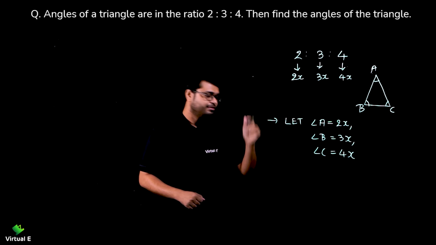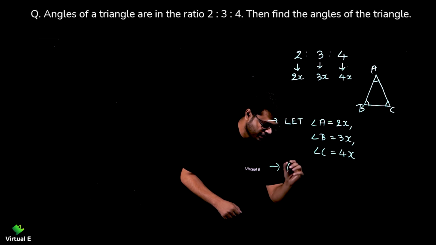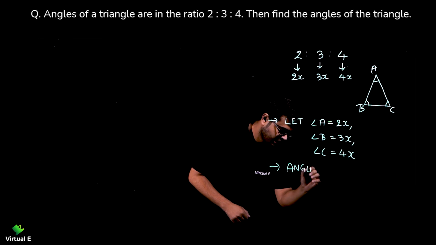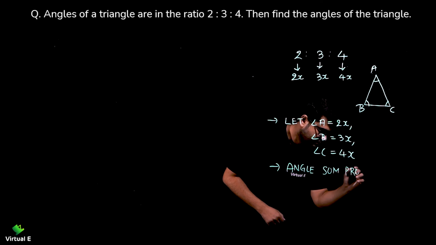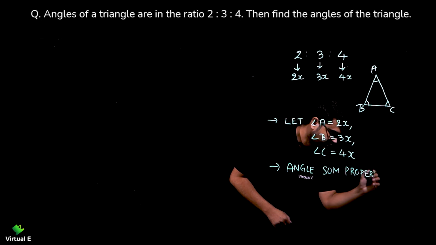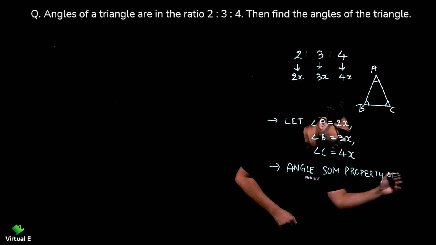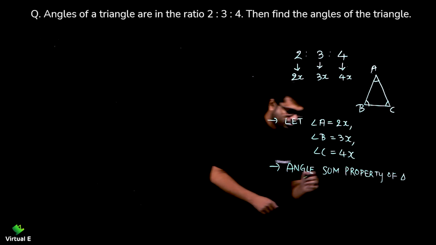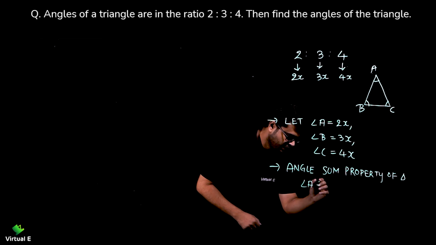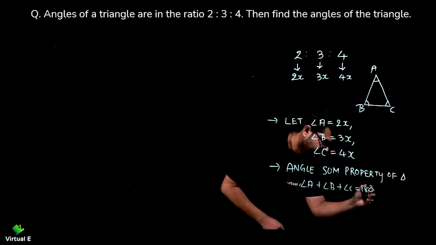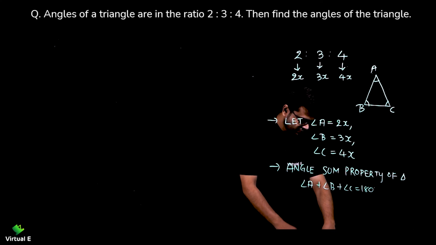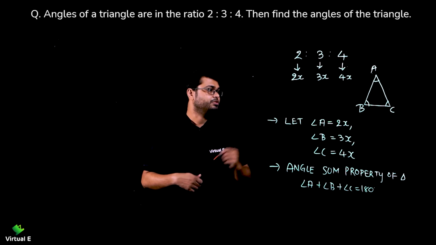So apply the angle sum property of triangle. So we can write, angle A plus angle B plus angle C is equal to 180 degree. So let's substitute the values.